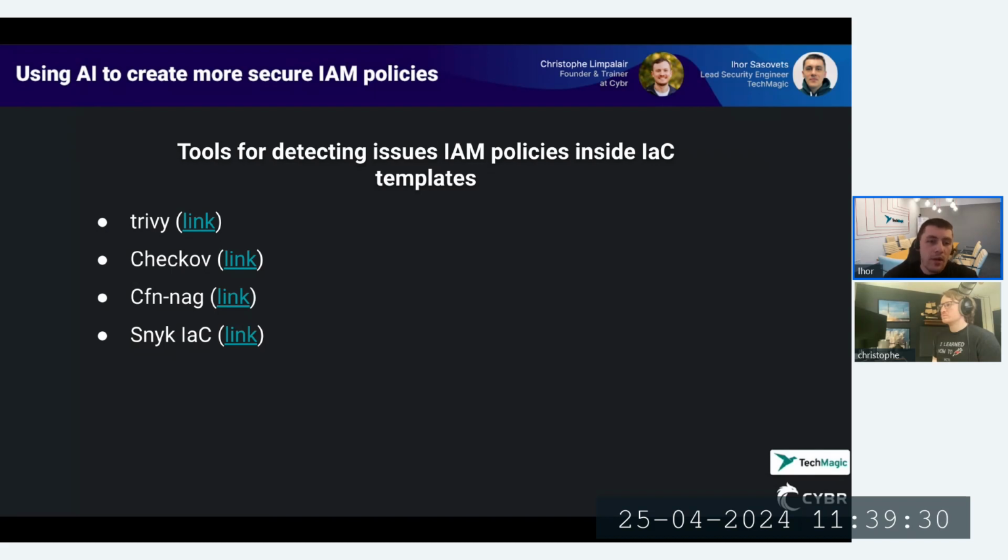There are plenty of tools that will help you achieve that. First one, and probably one of my favorites, is Trivy from Aqua Security. It helps you check not only for overly permissive policies, but also that your CloudFormation or Terraform template is secure enough and follows all the best practices.